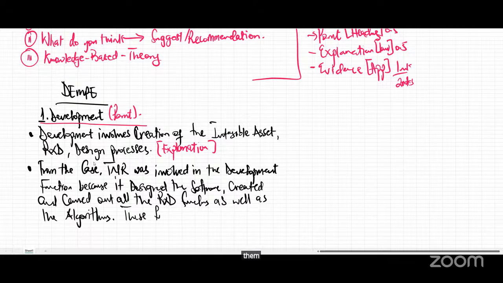These functions qualify as development. Now this is what? Evidence.